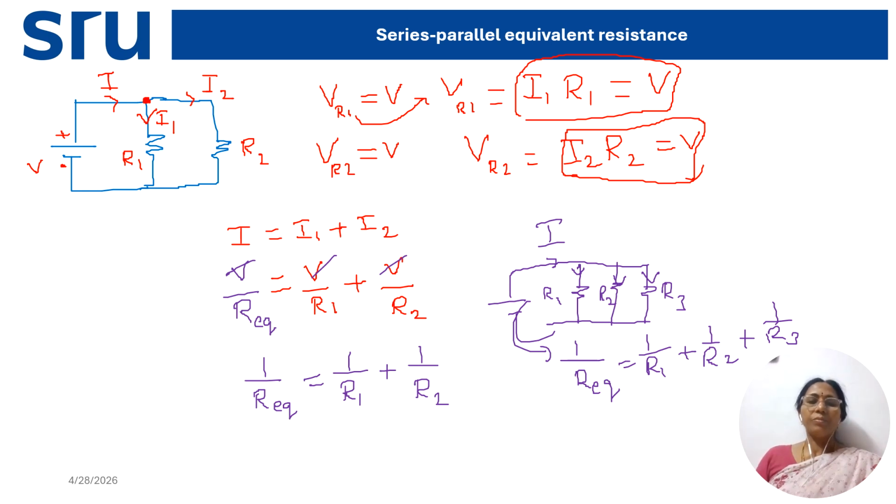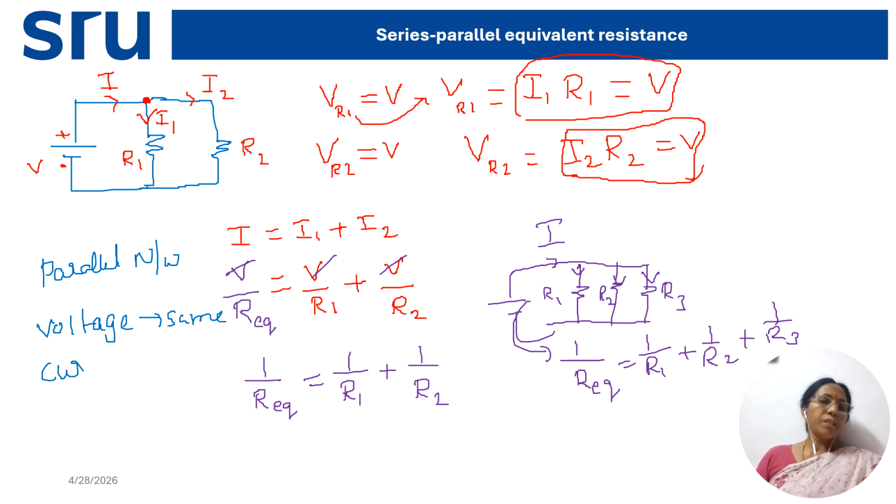So like this we have to proceed for parallel circuit. Okay, so this is about parallel. Then what is the final statement of a parallel network? See, here I am writing for a parallel network: the voltage will be the same, but current division takes place.